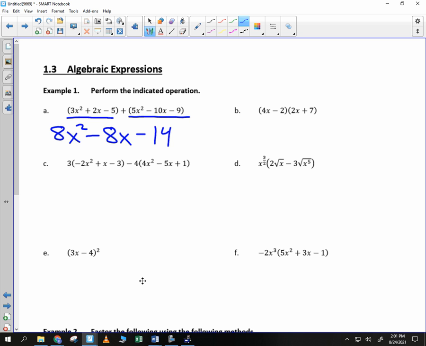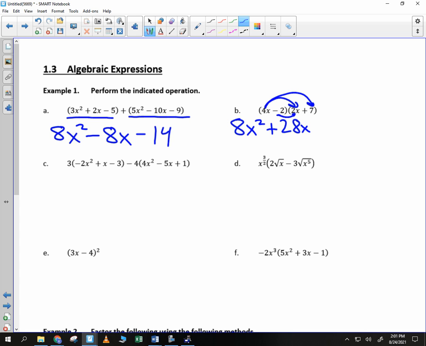Okay, good. As you look to problem B, what's the operation there? Multiplying. So we multiply each term by each term. 4x times 2x is? And 4x times 7 is 28x. What do I do now? Negative 2 times 2x.